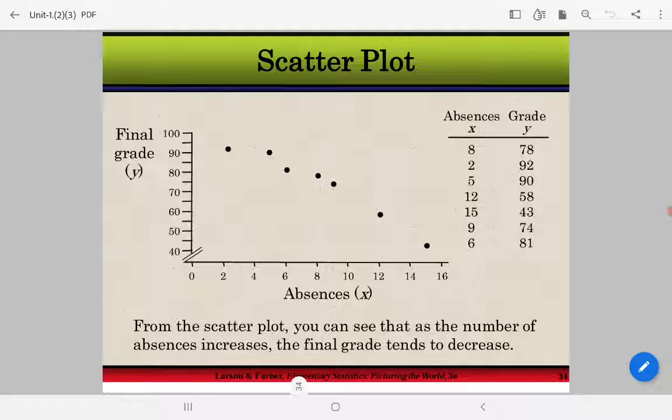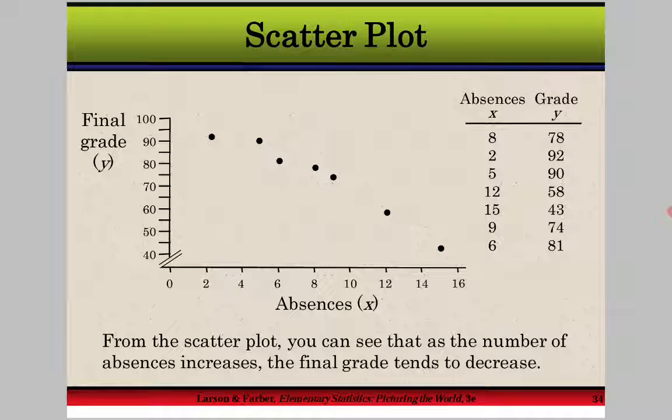From the scatter plot you can see that as the number of absences increases, the final grade tends to decrease. In the x-axis and y-axis we take two numeric values, and each dot is represented with the corresponding coordinate values of x and y.